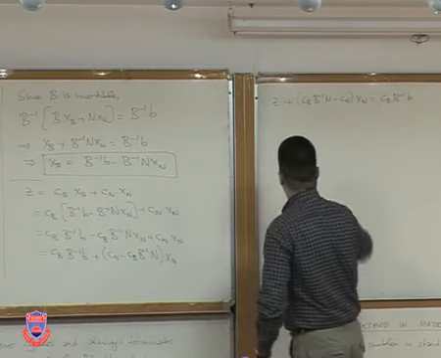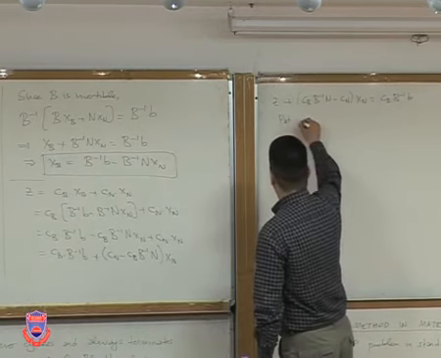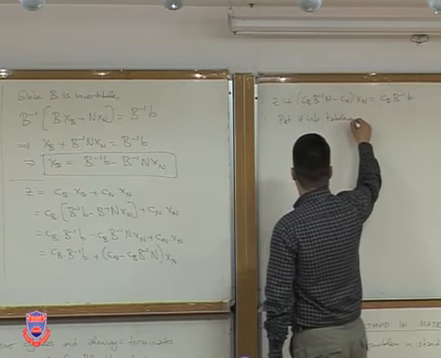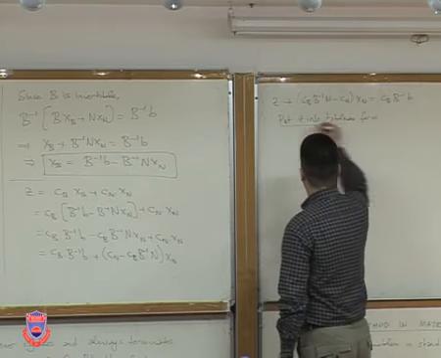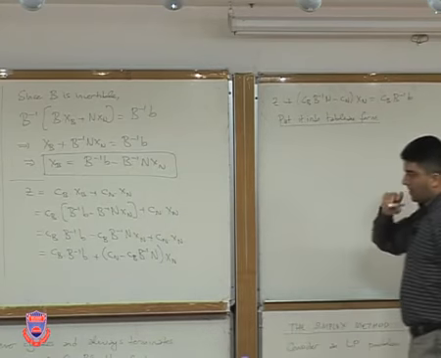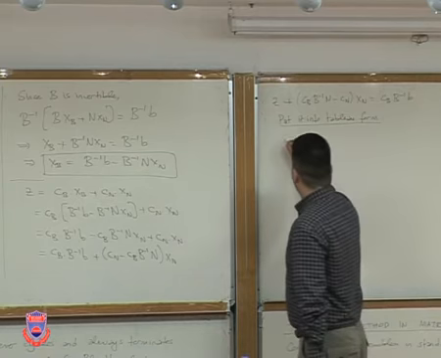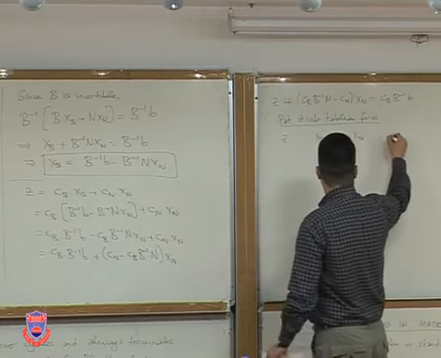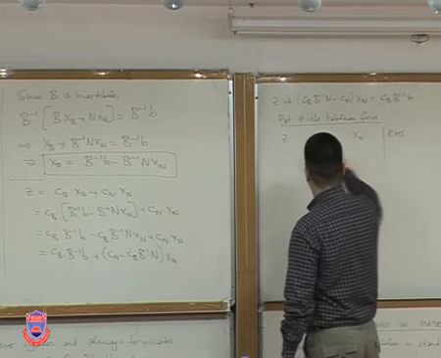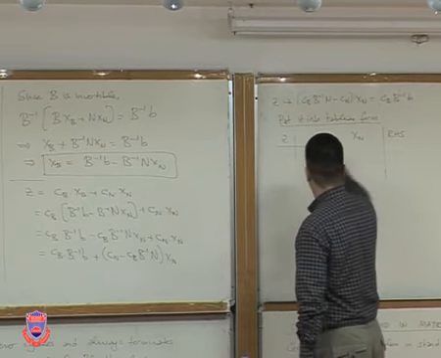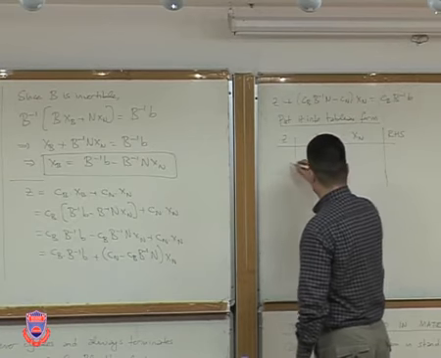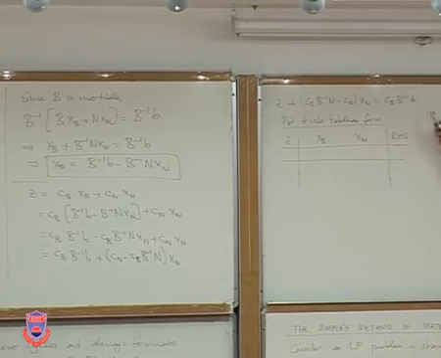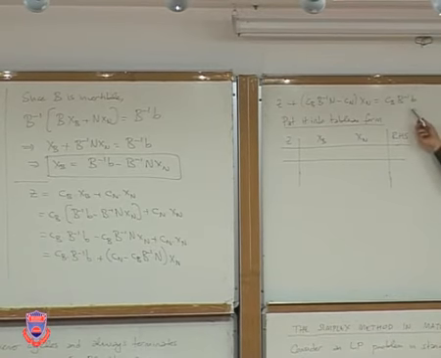Okay. So now I'm going to put everything in the Tableau form. So I have my Z, I have my basic variables, I have my non-basic variables, and I have the right-hand side. So this is the equation corresponding to the objective function.